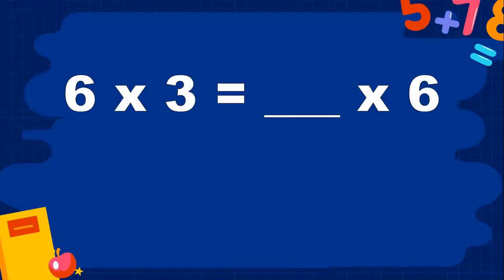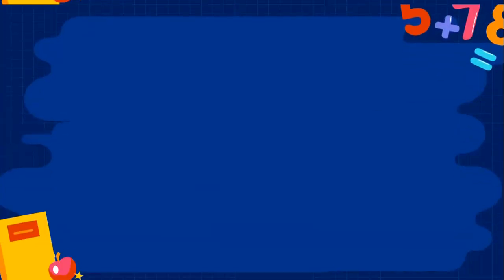Next one. 6 times 3 is equal to blank times 6. What is the missing number? The missing number is 3. That is 6 times 3 is equal to 3 times 6.